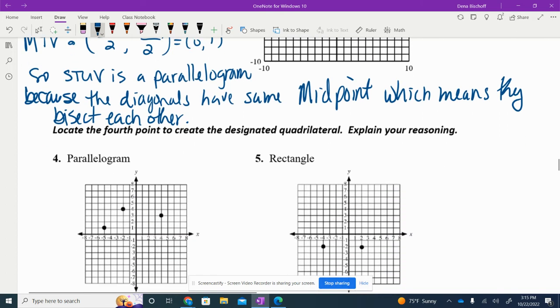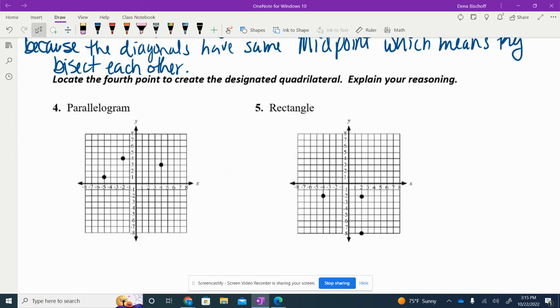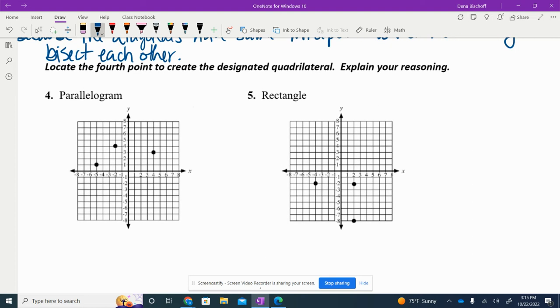Okay. So for example 4 and example 5, we have to find the missing point to prove that the quadrilateral is the shape named. So for the parallelogram, I need to find the missing coordinate. So remember that parallelograms have two pairs of parallel sides.